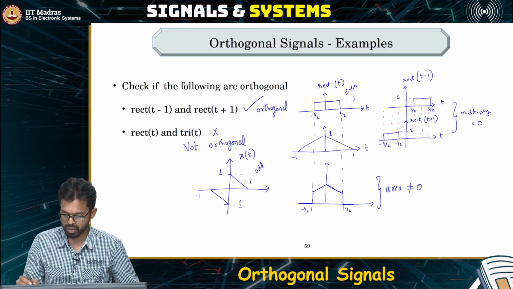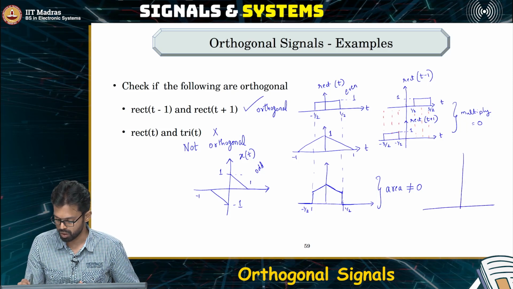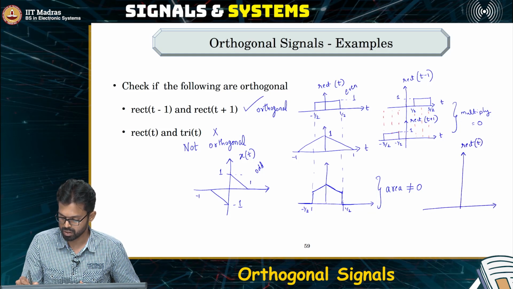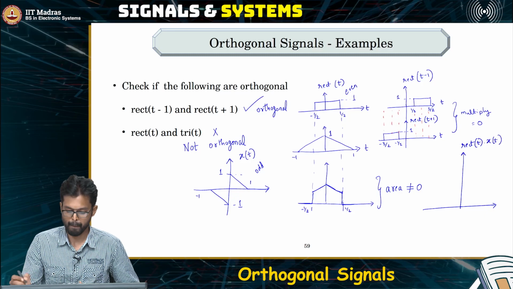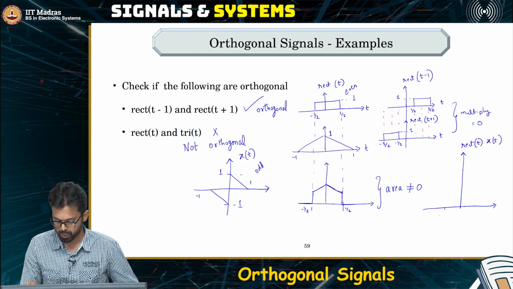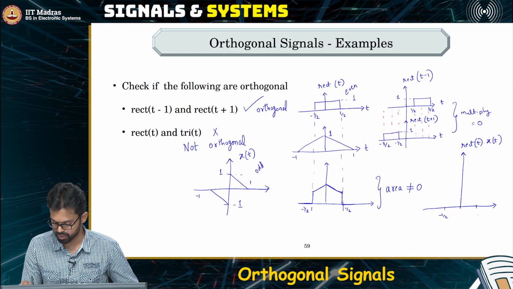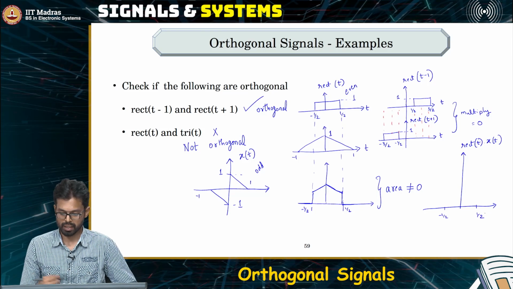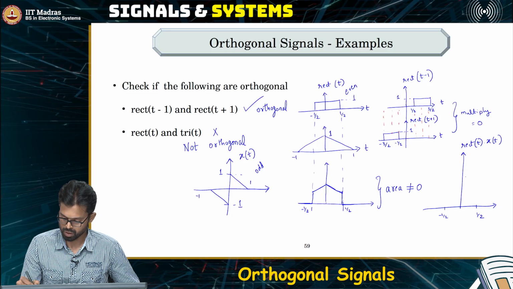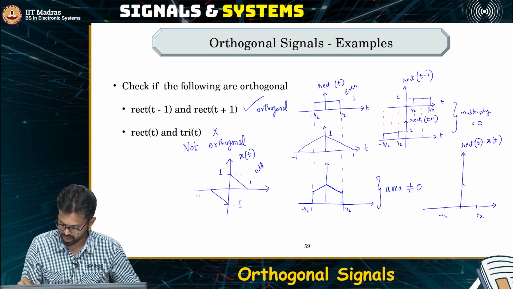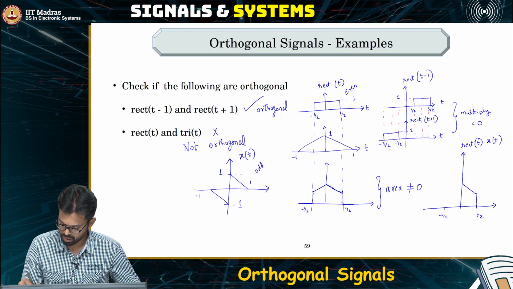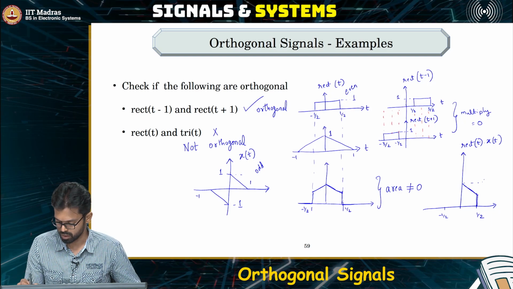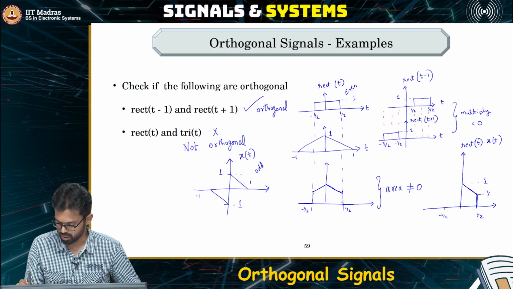We can just verify that. So what do you think the plot will look like when you multiply rect of t with x of t? Clearly, once again, only between -half to +half you'll have the non-zero components. And how are they going to look like? So you will have something like this here, and this is 1, this is half.